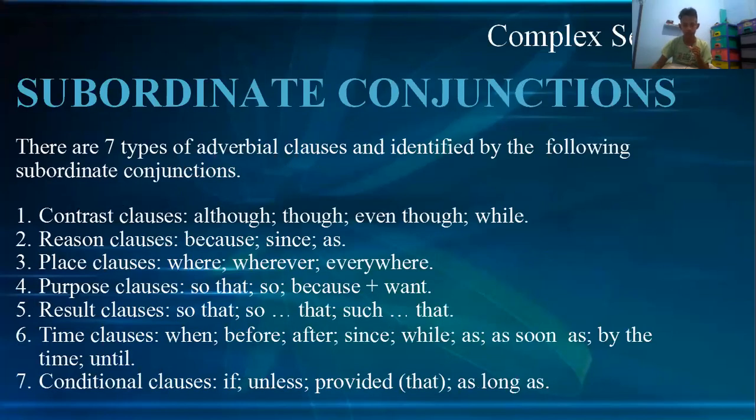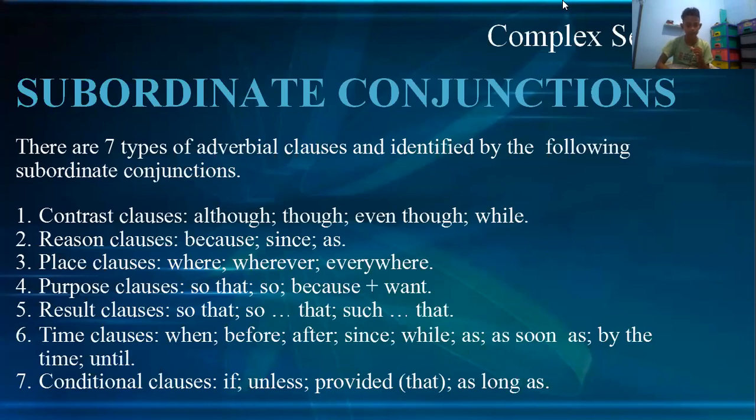And there are subordinate conjunctions. There are seven types of adverbial clauses, identified by the following subordinate conjunctions. Contrast clauses have conjunctions such as although, though, even though, and while. Reason clauses: because, since, as. Place clauses: where, wherever, and everywhere.